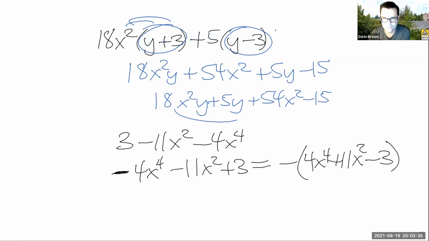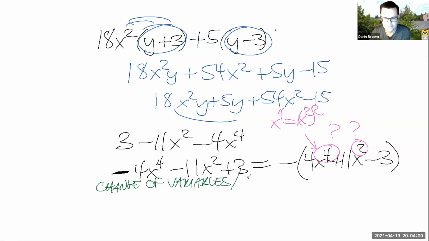But notice now, this looks different than anything we've seen because it's got this x to the fourth and x squared. So what do we do here? If you notice that x to the fourth is really x squared squared, we can use something called a change of variables, or substitution. This is a really important idea. It's not just in factoring, but in math in general.